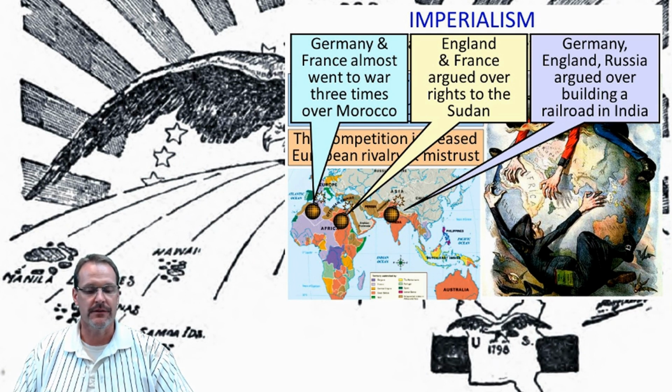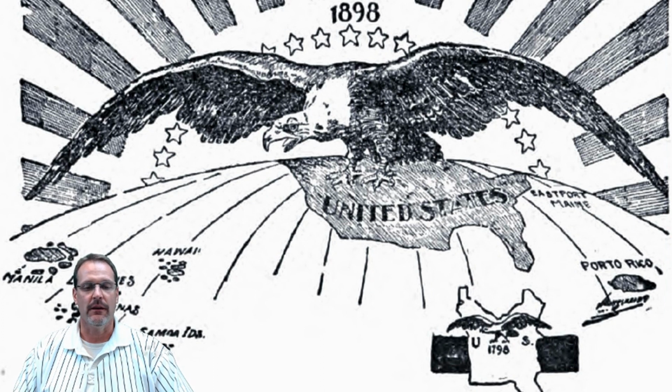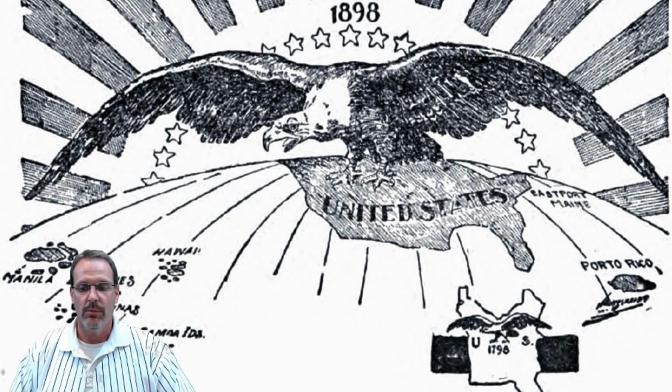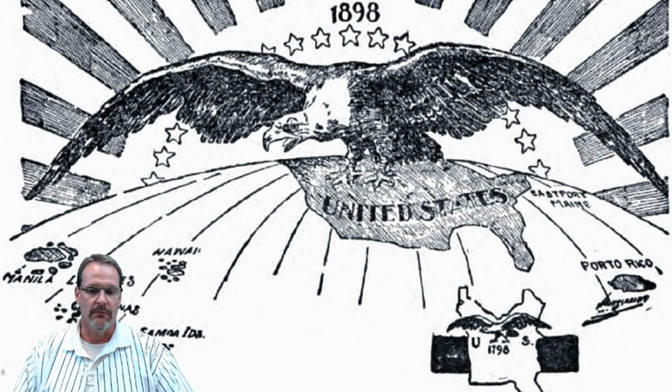So we're leaders in imperialism. Claims, remember imperialism, claims by Europeans, big countries, over smaller countries. Here's the graphic showing a little bit of American imperialism. But our claims were no different than European claims.